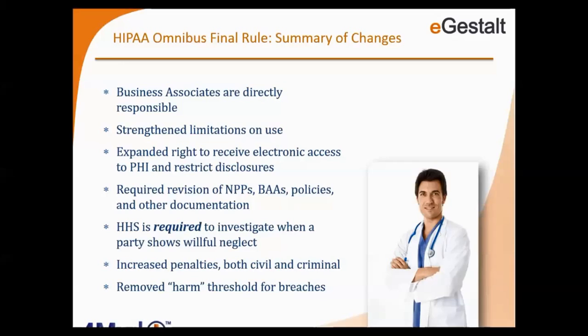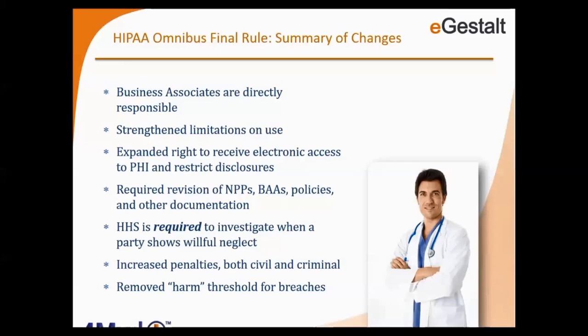So in terms of the summary of changes, there have been a number of changes that have been brought about by HIPAA Omnibus. This has been the result of multi-year feedback that the HHS and the federal government had opened itself to. Some of the changes are essentially leading to better privacy and security of PHI information.